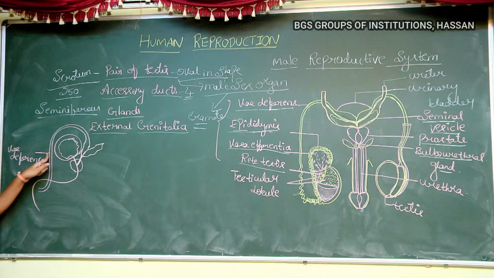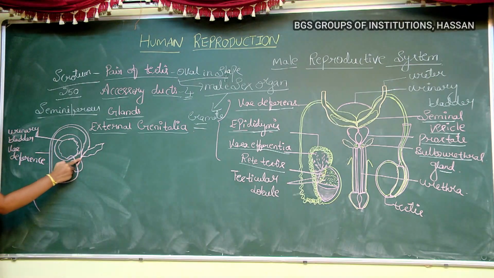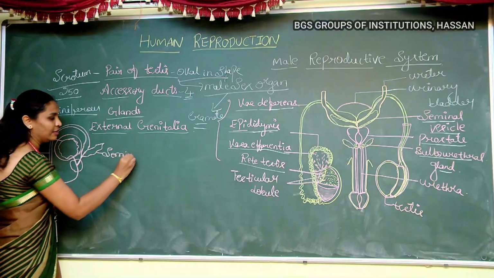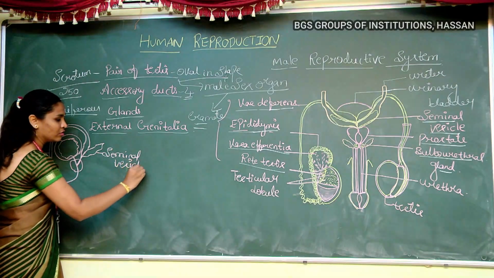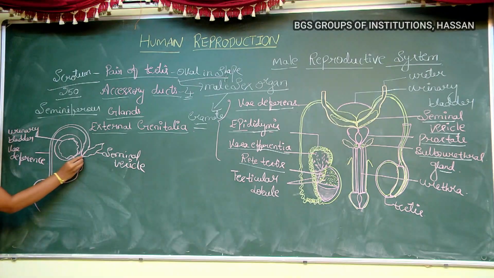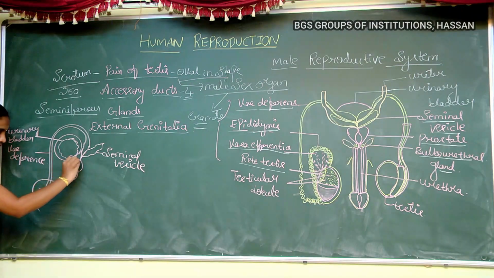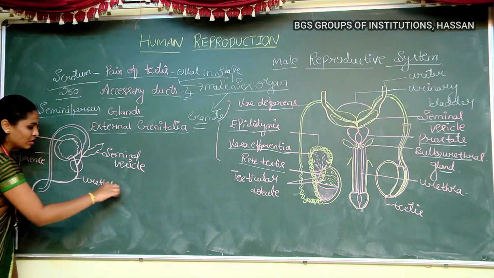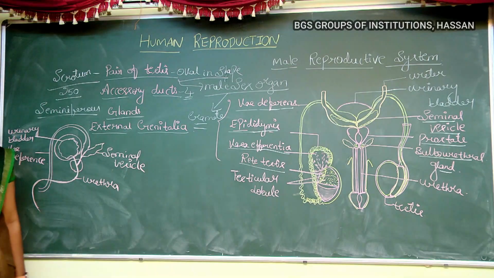Vas deferens ascends into abdomen and loops over urinary bladder. Here there is a presence of urinary bladder. And this vas deferens here receives a duct from seminal vesicle. Means this vas deferens joins with seminal vesicle. This is seminal vesicle and opens into urethra. This structure is nothing but urethra and opens into urethra as an ejaculatory duct.